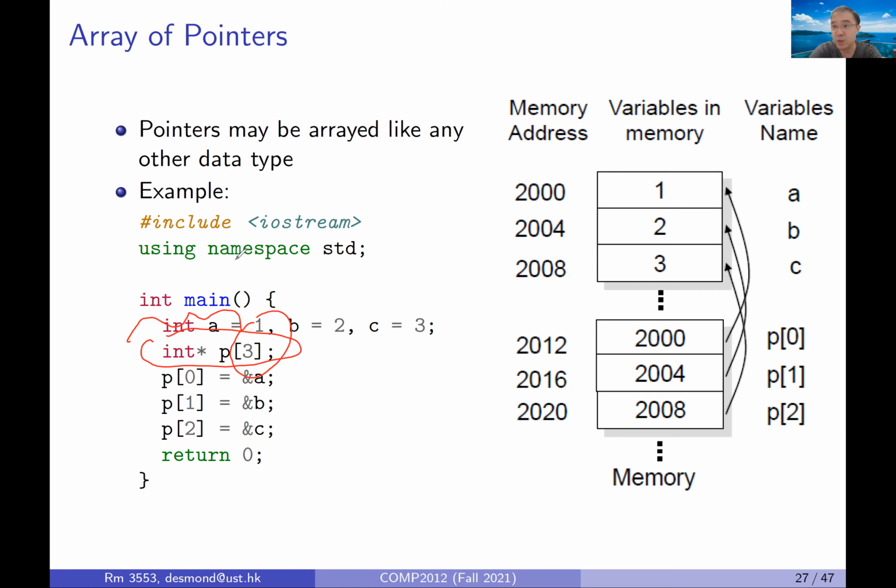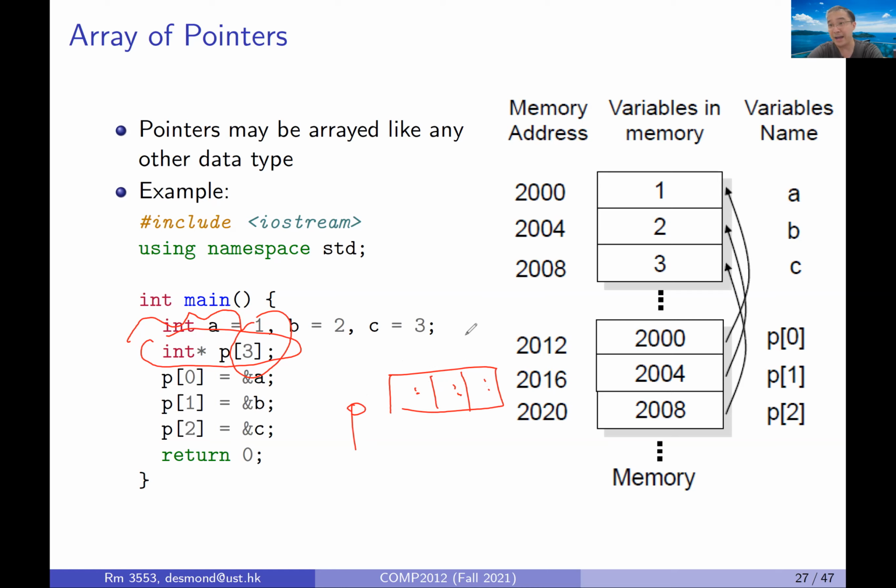Array of pointers. This array, how many boxes? 3. And the name of this array is P. But each of these boxes is a pointer. In other words, we can store an address here, here, and here. All the boxes are pointers, are pointer variables.